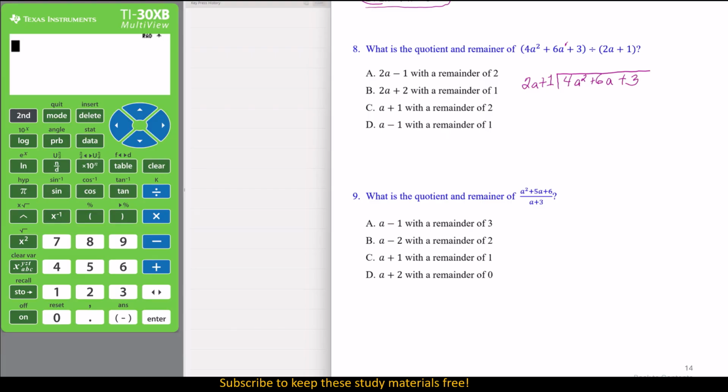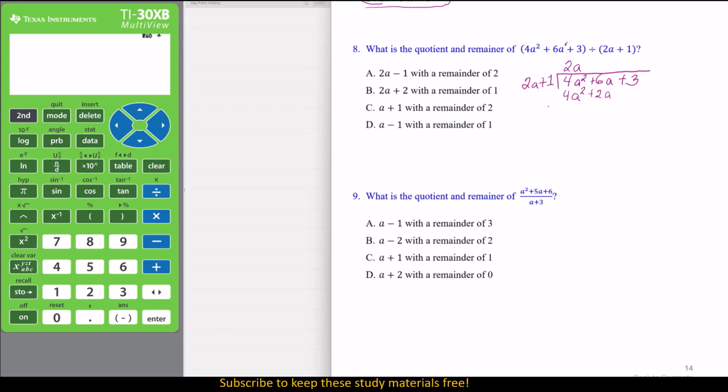So the name of the game is to take this first term, 2a, and figure out whatever you multiply that by, you need to get exactly 4a squared. Well, if I multiplied that by 2a, I would have 2 times 2 is 4, and a times a is a squared. Then I multiply my 2a times 1, which is plus 2a.